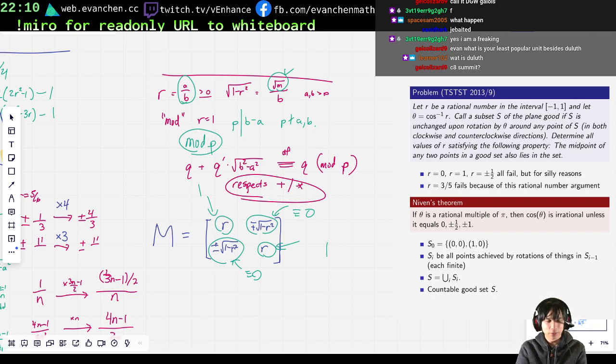You can also have the negation of this matrix always. Yeah, there should be plus minus signs everywhere, actually. Rotating by r is the same as rotating by minus r. So r and minus r should do the same thing. That's why it's something. Okay.